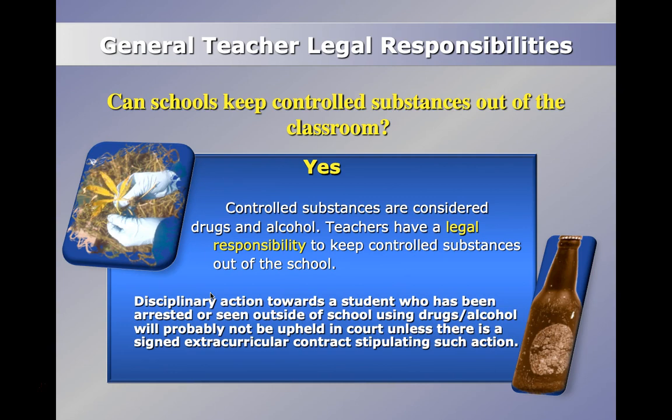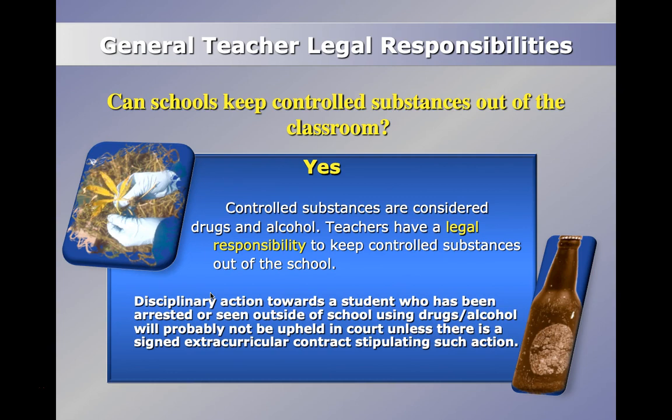Almost all the schools have policies against all of those things. But if you have a kid that's arrested outside of school for a DUI or a drug or an alcohol arrest, can you expel them from school?